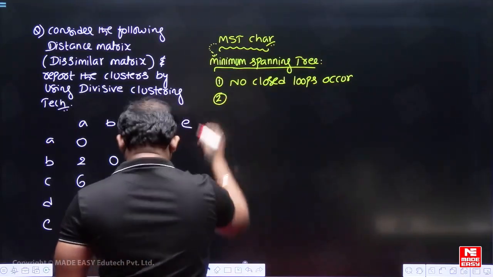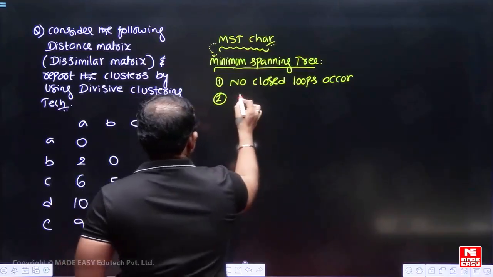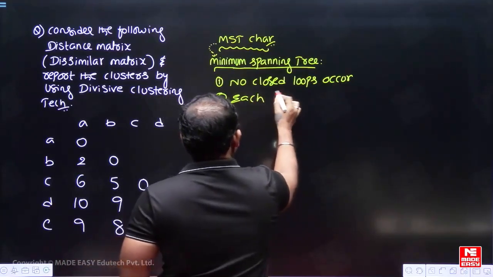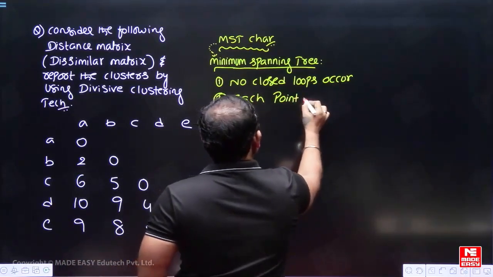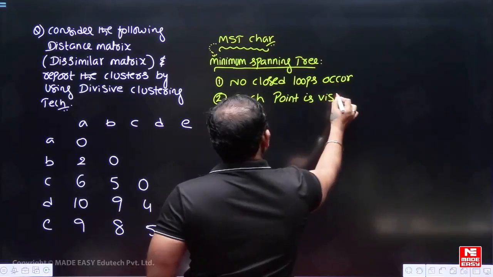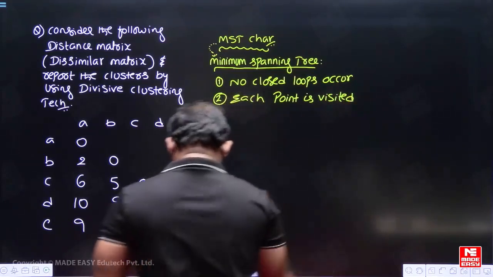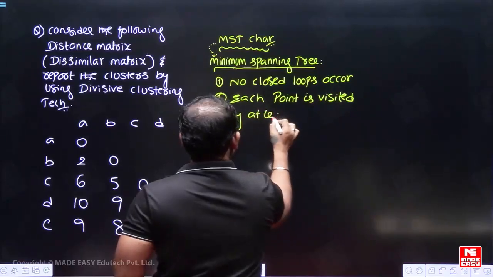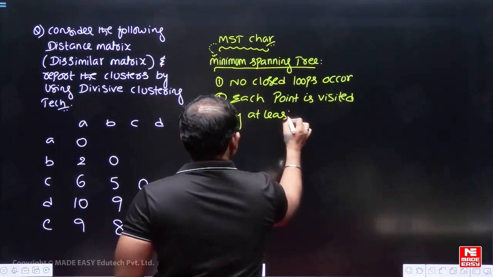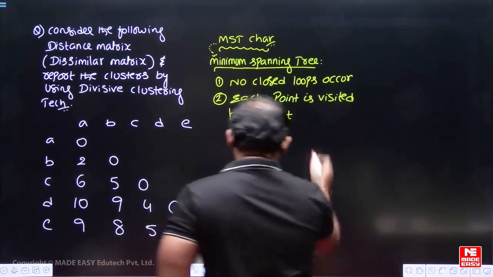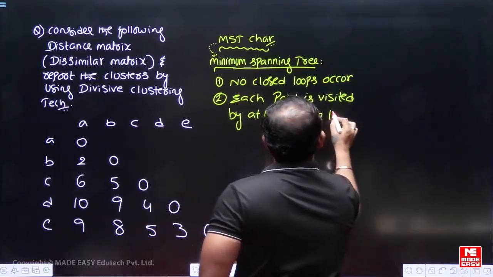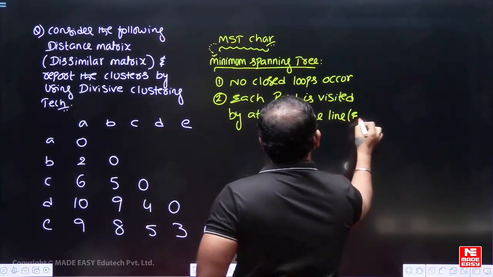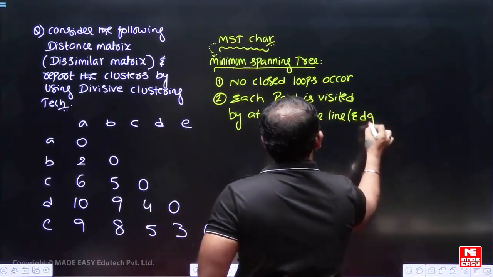Second, each point is visited by at least one line, in brackets an edge.